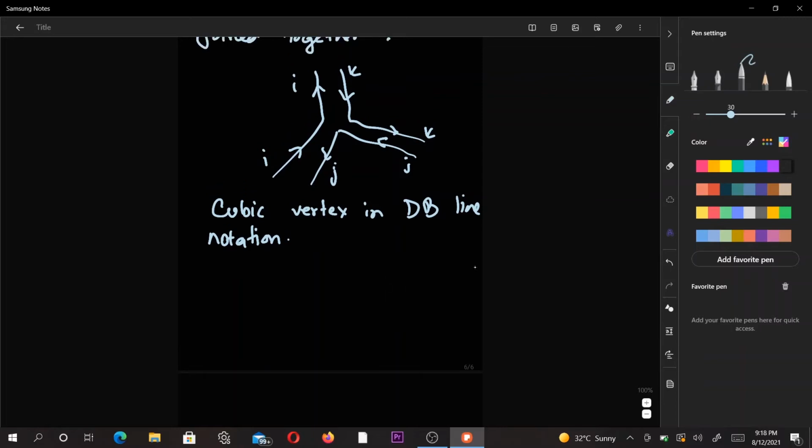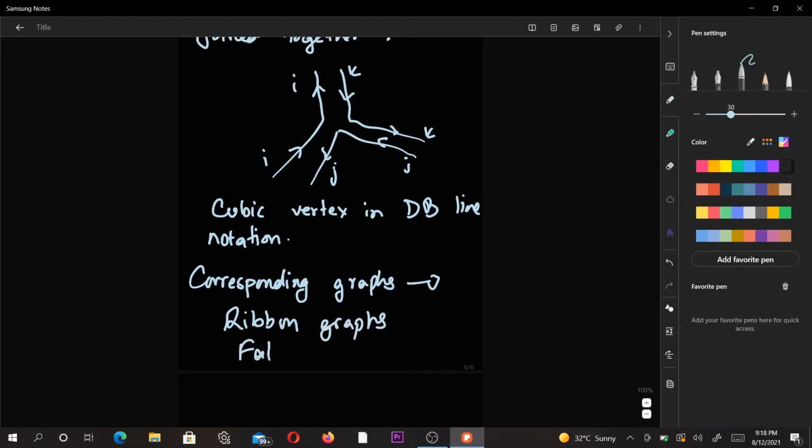The corresponding graphs that we get from this type of integrals are called ribbon graphs or fat graphs. That is because they have a different structure compared to our single line graphs. They are sometimes called fat graphs, ribbon graphs, fat Feynman graphs, depending on what perspective you're looking from, and the notation of the person writing the book.